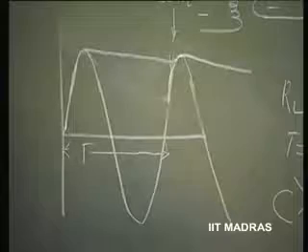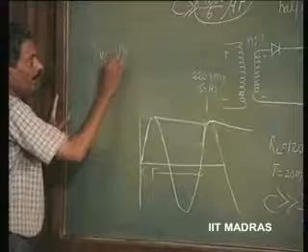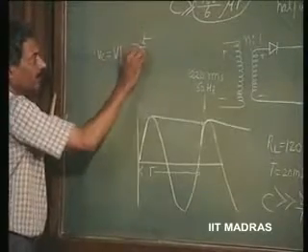What does it mean? Again, in terms of mathematics, Vc is Vp into e to the power minus t by RLC.